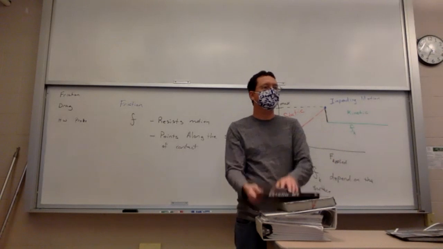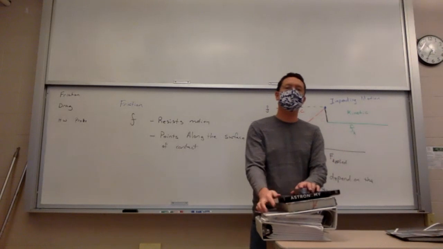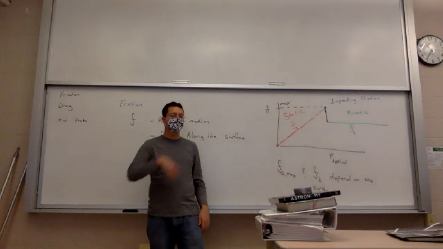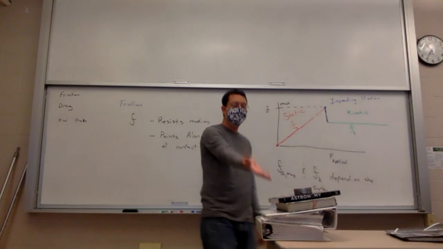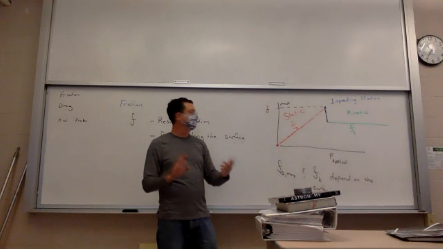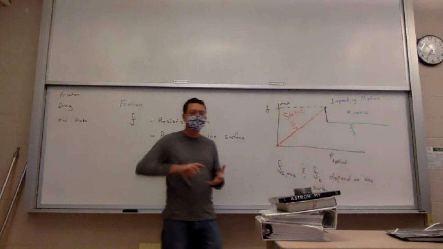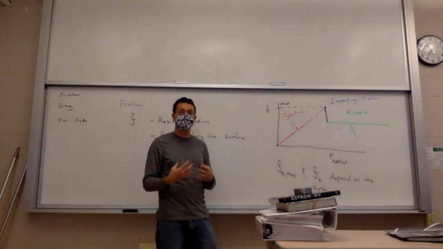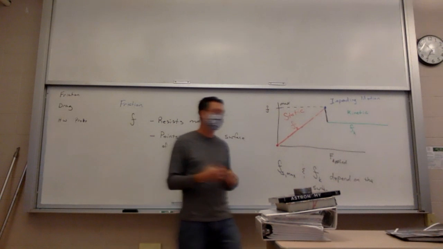So that's kind of our hint. By imagining different situations, either a space station where there's no weight, but you can have friction, or tipping something on the side where you still have a weight, but you have no friction, you deduce that it's not the weight that gives you the friction force, it's the normal force.